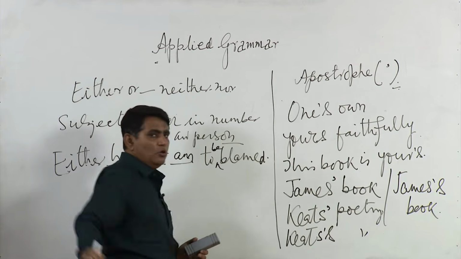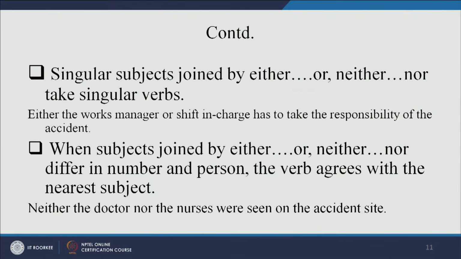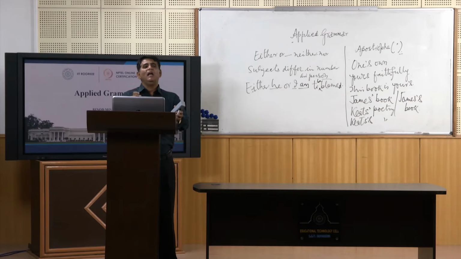Now you can have another sentence: neither the doctor, which is singular, nor the nurses were seen on the accident site. So this is how, when you have different subjects joined by either or, neither nor, the verb will agree with the subject which is nearest.